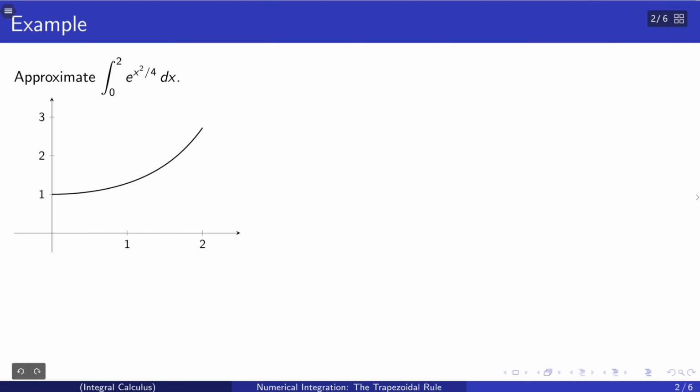I'll give you some examples first, things that you've seen before. For instance, the integral from 0 to 2 of e to the x squared over 4. Again, this is an example where we can't find an elementary antiderivative. One thing you could do here is use your Riemann sum approximations. Let's say using n equals 2, what do we get with the left endpoint approximation? I'm going to call that L sub 2.